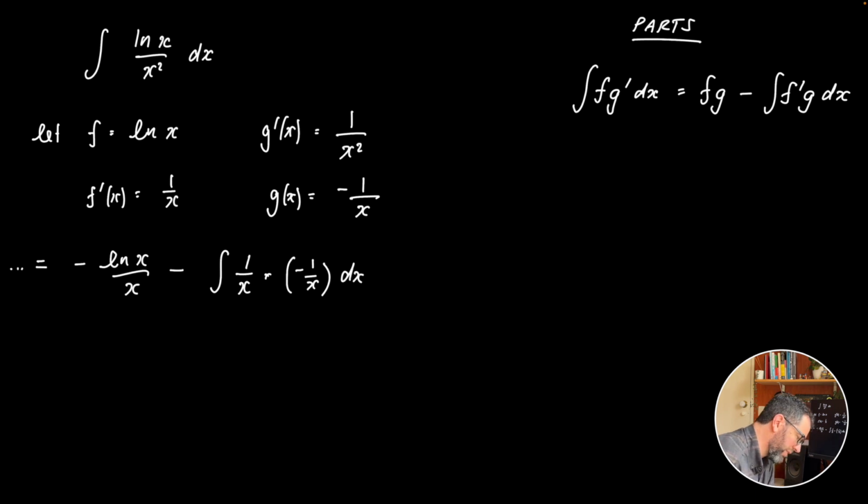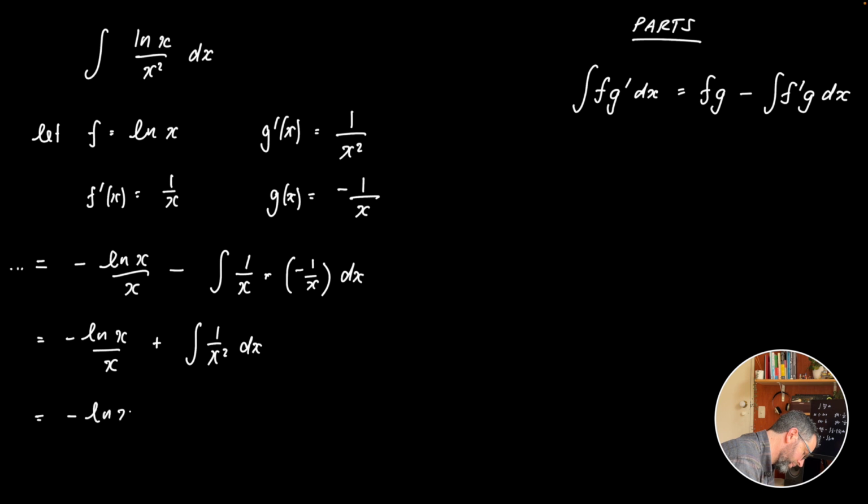And you can see that now that's an integral that looks a lot easier to do. So that's going to be negative log x over x. Negative signs will cancel off, so it'll be a plus integral of 1 over x squared dx, and that tells me that I'm going to have negative log x over x minus 1 over x plus our constant of integration.